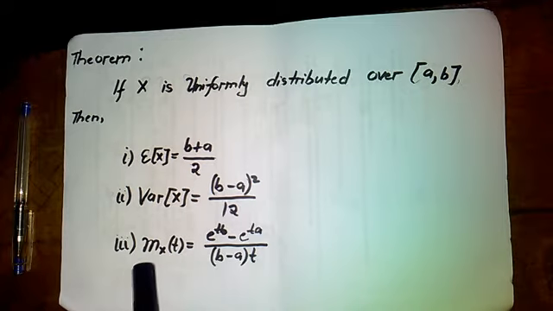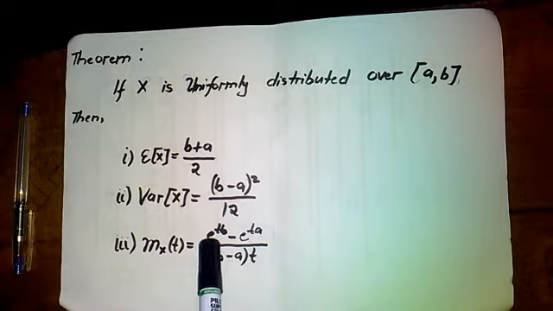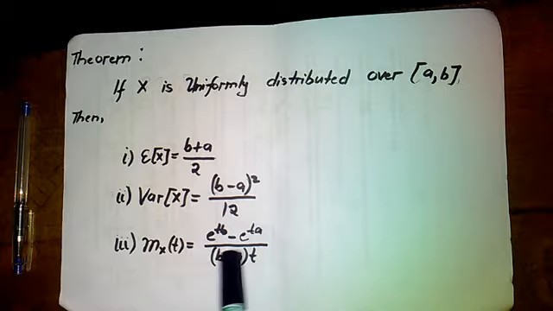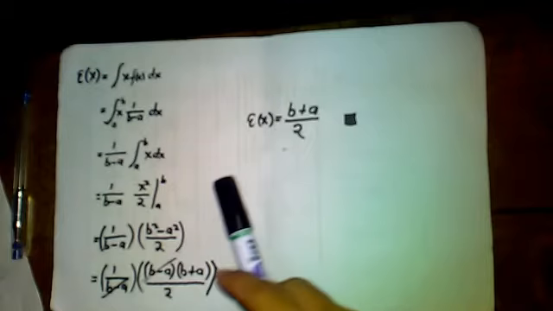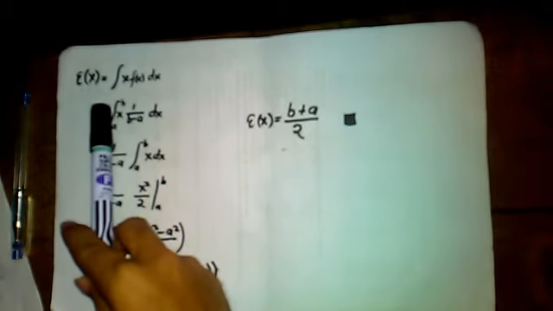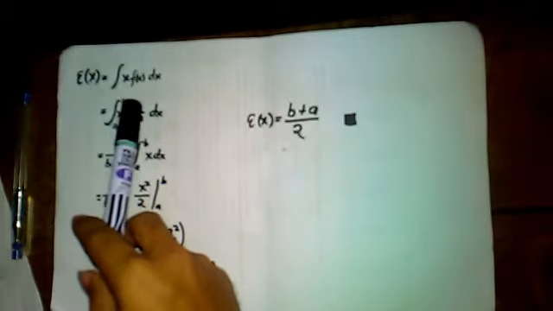And our moment generating function, or MGF, is equal to e raised to the power of tb minus e raised to the power of ta all over b minus a times t. To prove the mean, we have the integral of x times f of x dx.